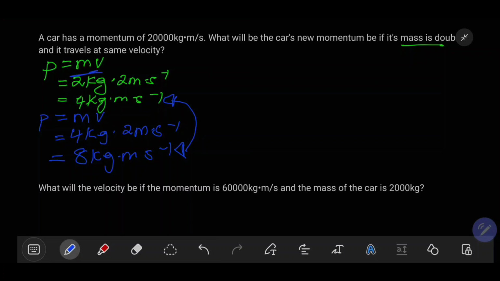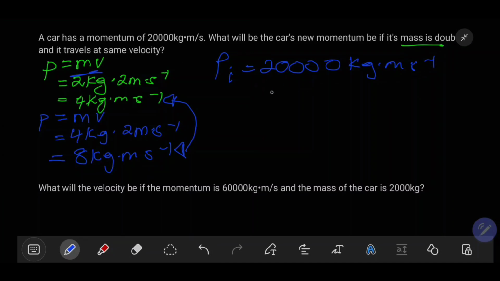So in this case, the momentum was 20,000. This was the initial momentum. The mass was doubled and the velocity was kept the same.